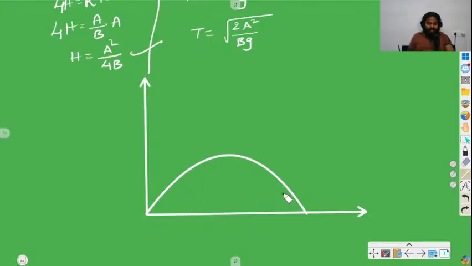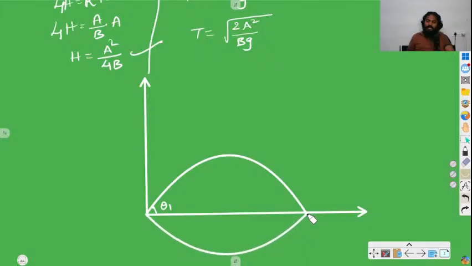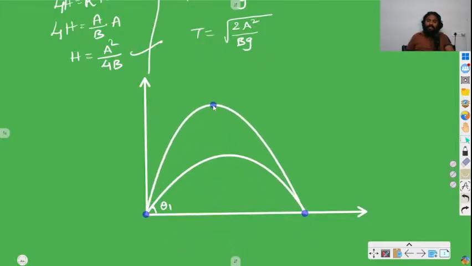So now just imagine this is with angle theta 1, right? Again, you have another projectile with the same velocity, and you projected once again, this time with angle theta 2.